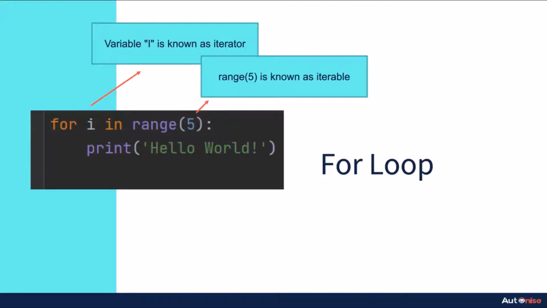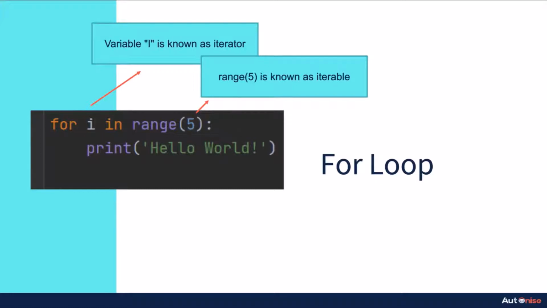Here i is a variable which is an iterator whose value will get updated according to the iterable. The iterable here is range 5. Range 5 is a function which gives us the values from 0 to 5 without including 5.